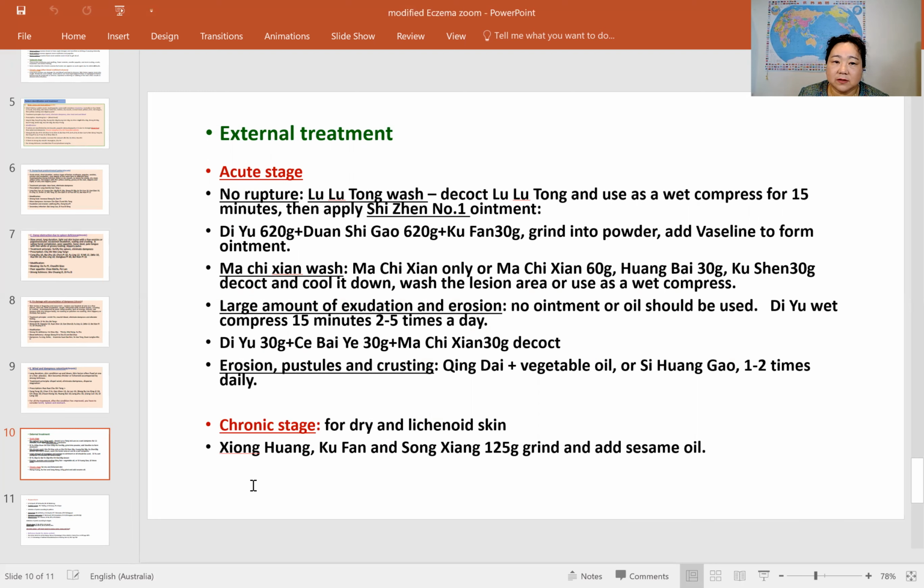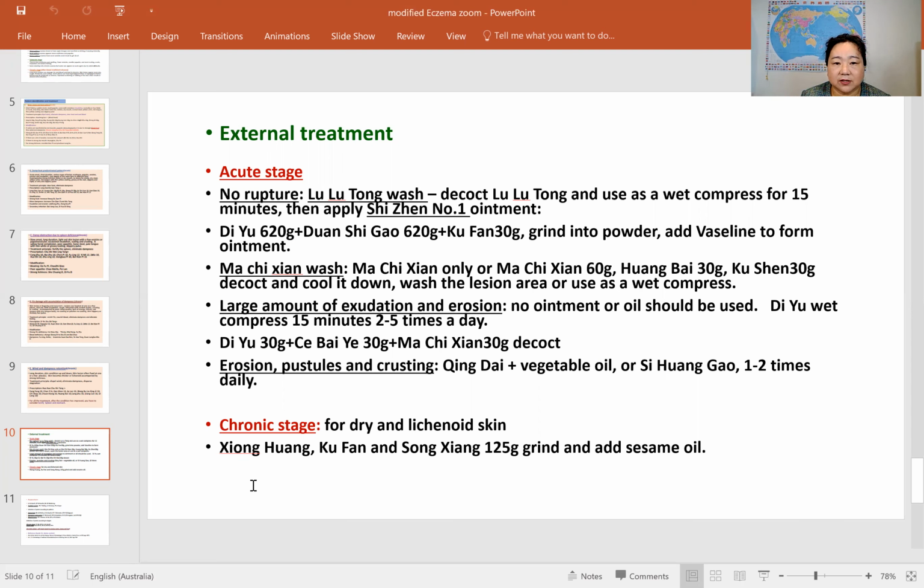For erosion, pustules, and crusting, you can use 清代 plus vegetable oil or 四黄膏 we have mentioned before. 清代 is very dark in color. If your patient accepts it, you can try. It's not difficult to mix this one.